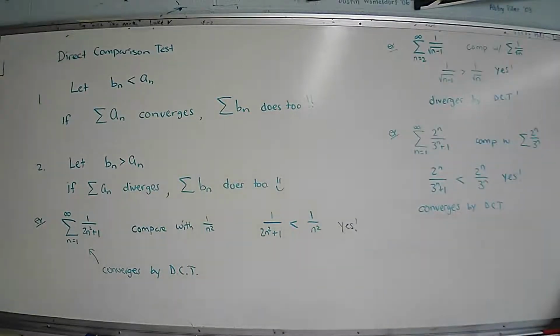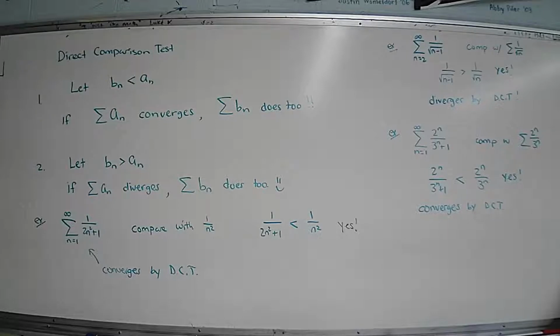Okay? So I can tell you, the difficult part about the direct comparison test is sometimes figuring out if it's actually smaller or bigger. And if you have to spend too much time doing that, it's probably not worth doing that test. Just do the limit comparison test, because it's much easier. You don't have to play that game. Which you're like, wait, but I don't know the limit comparison test. Well, you're about to.